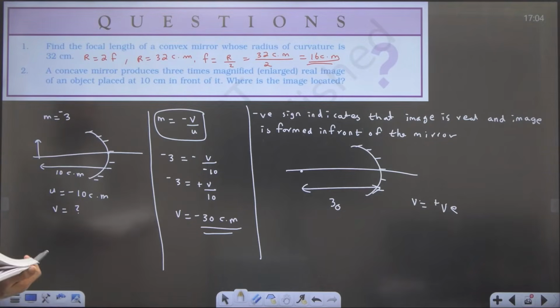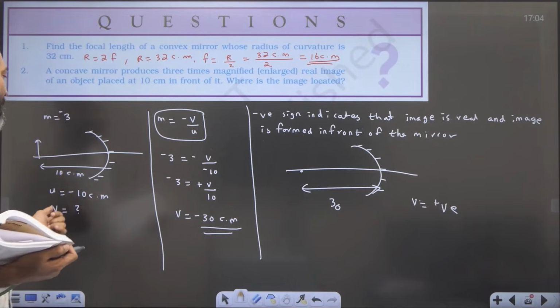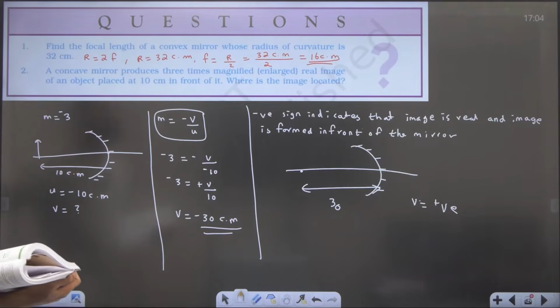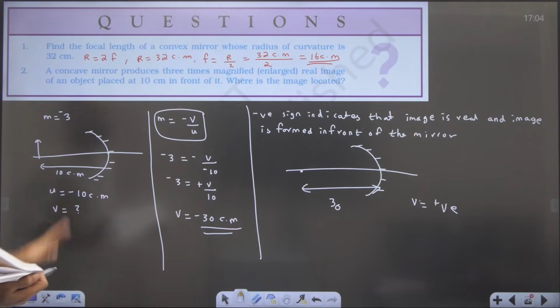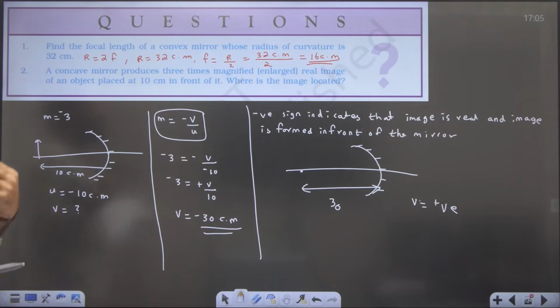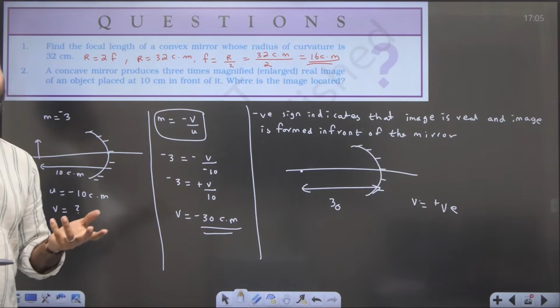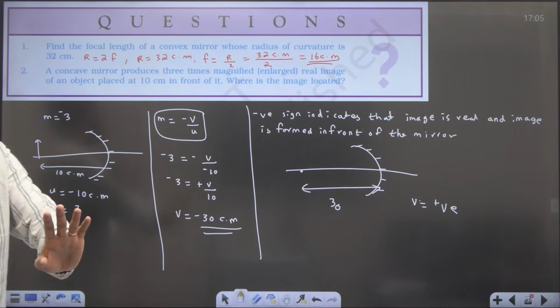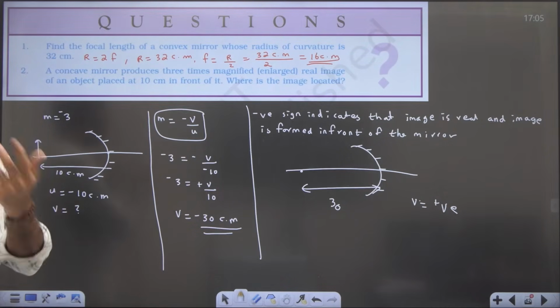Now remember, magnification is -3 because it forms a real image, that means the image will be inverted, so magnification has to be given a minus sign. Object distance is -10, because the distance is measured from the pole, to the left side of the mirror. But for the unknown quantity to be found out, you should not give a sign convention.